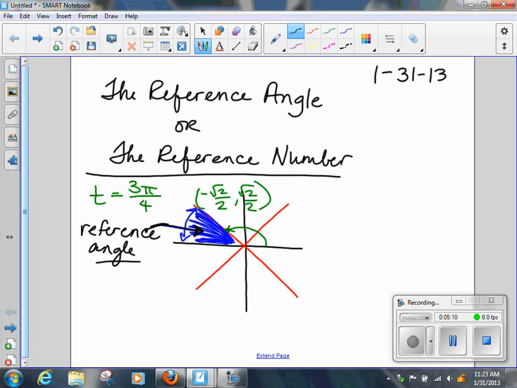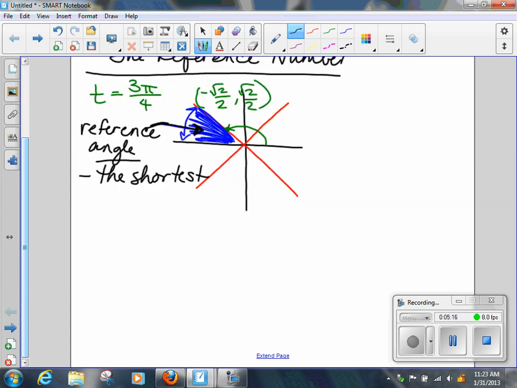The reference angle is the shortest distance to the x-axis. If I'm in a hurry, which I always am, I'm going down 58 to go home, okay?